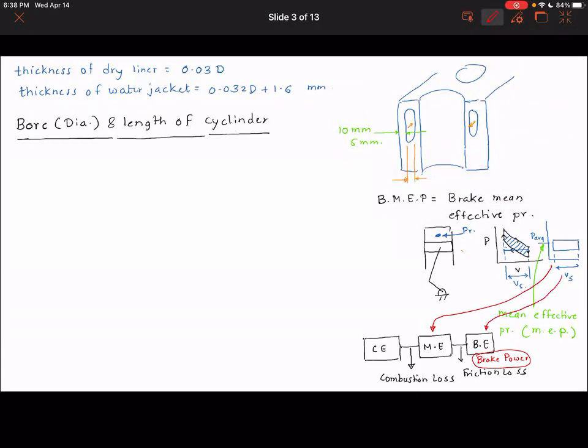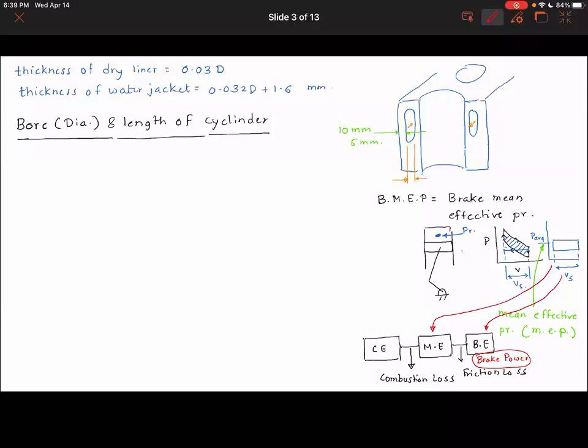So in other words, you can find out the mean effective pressure that is acting during the mechanical energy conversion, and the mean effective pressure that is acting during the brake power generation.